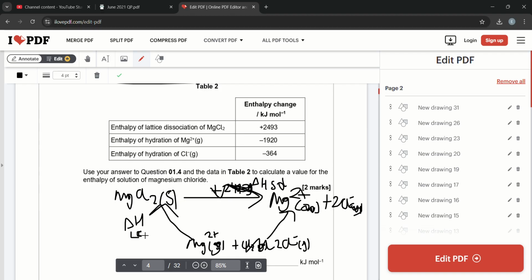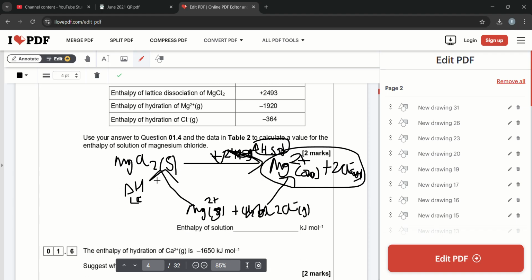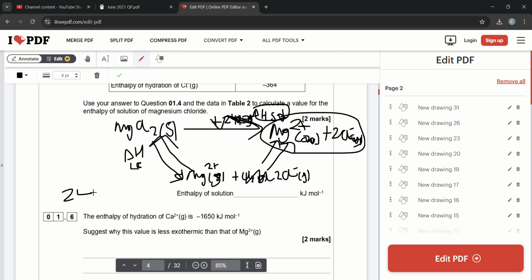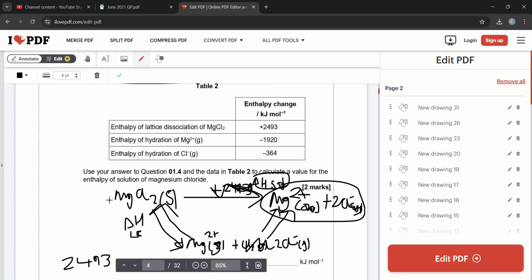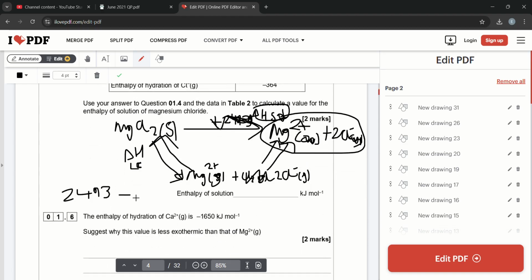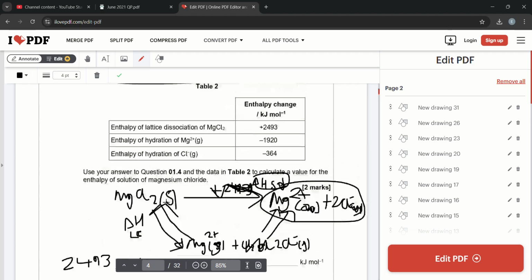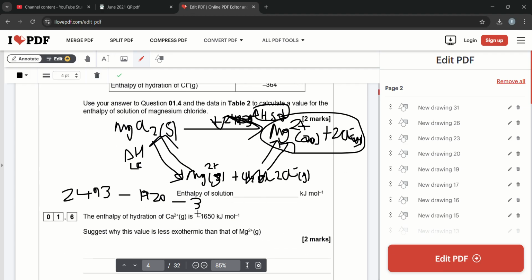This is the delta H of lattice. And so if we're trying to find the enthalpy of solution of magnesium chloride, or this bit, we can go from here to here. So yeah, it's going to be 2493 minus the 1920 minus 364.